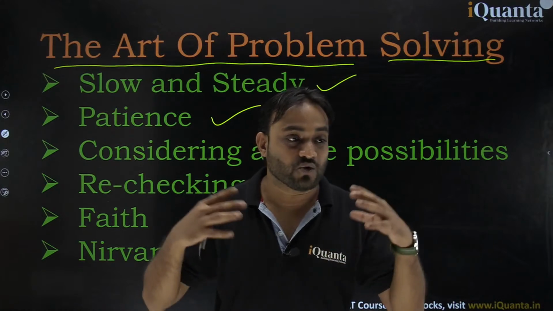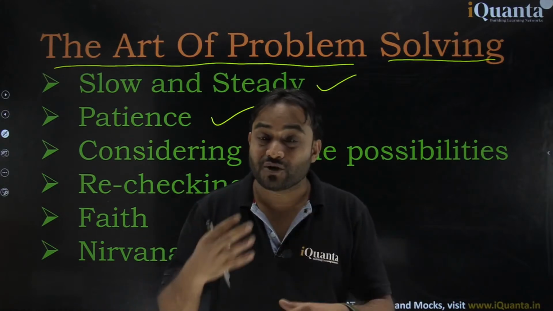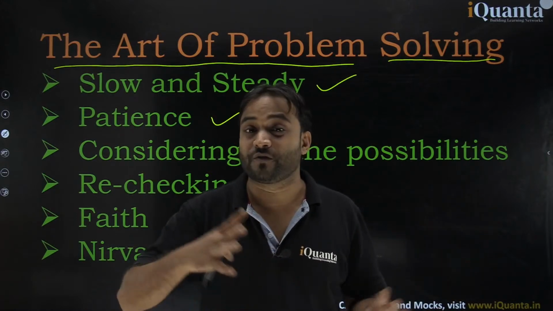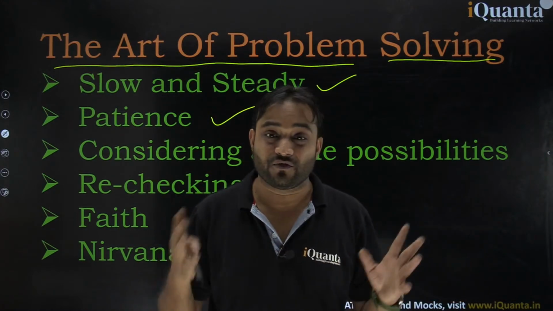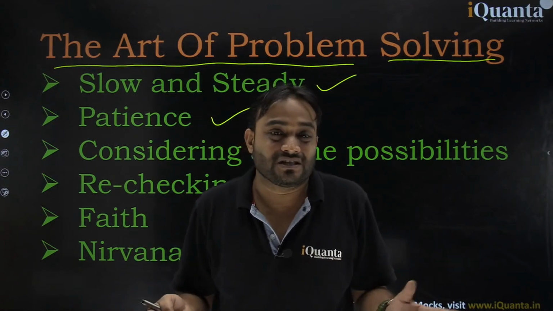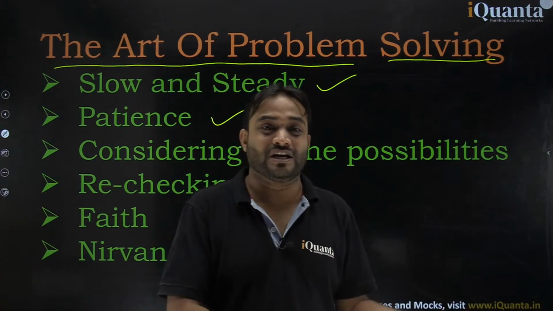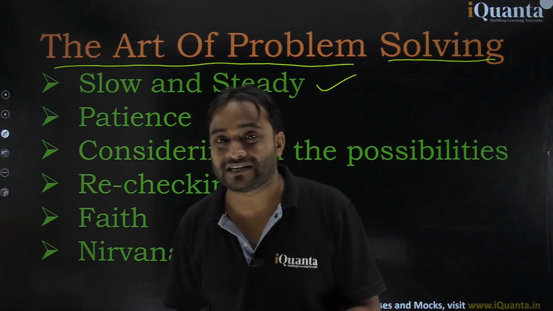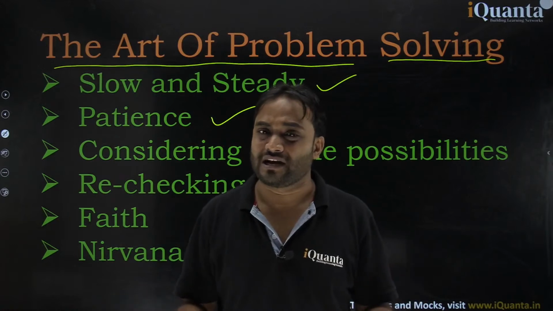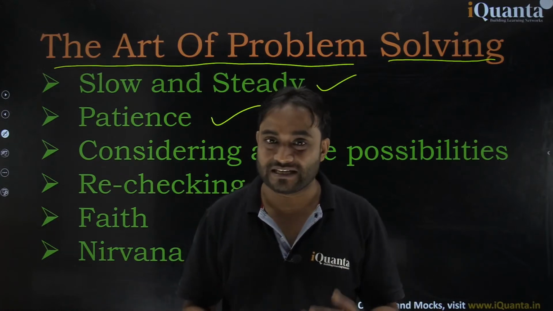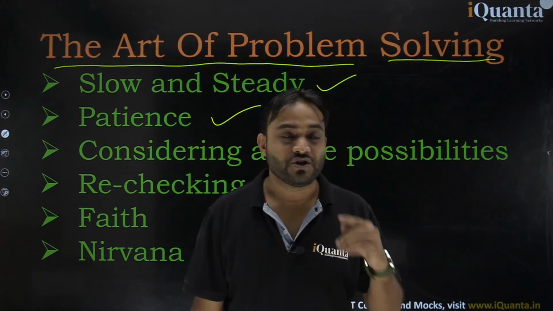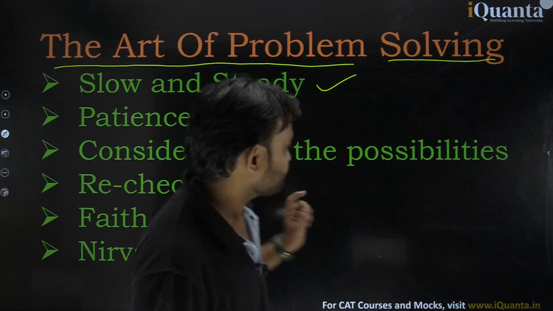Many times, if there is a lot of information, we become impatient. We think, am I doing it wrong, am I doing it right, am I too slow, am I too fast? Don't worry about all that. Have some patience when you are solving a question, and if you are doing it the right way, you will get there.